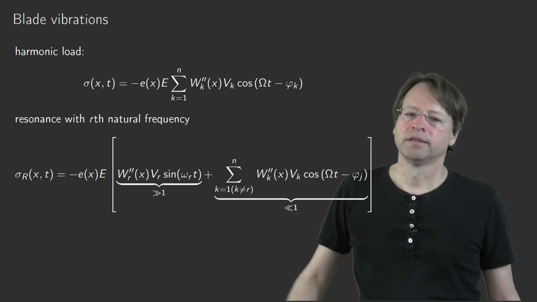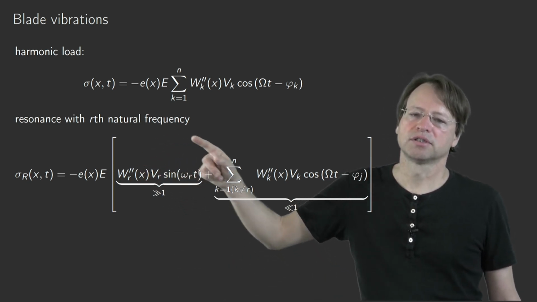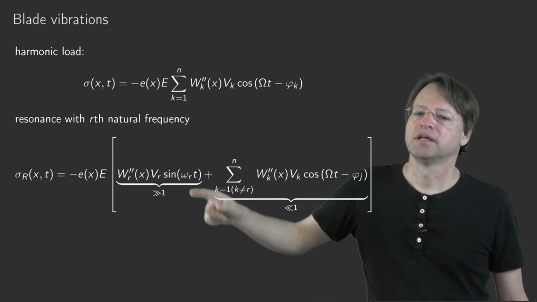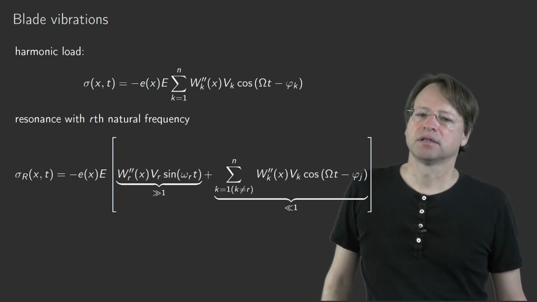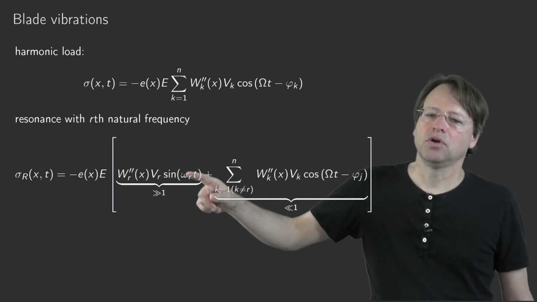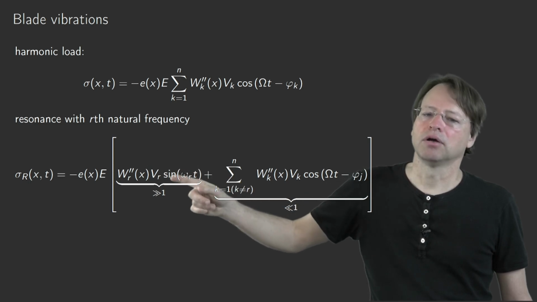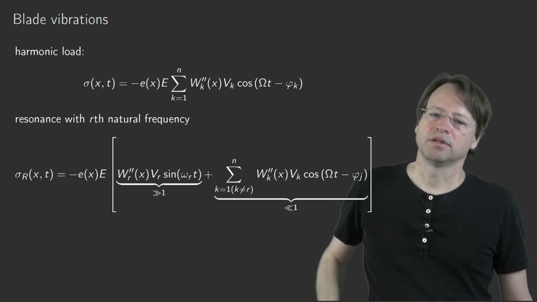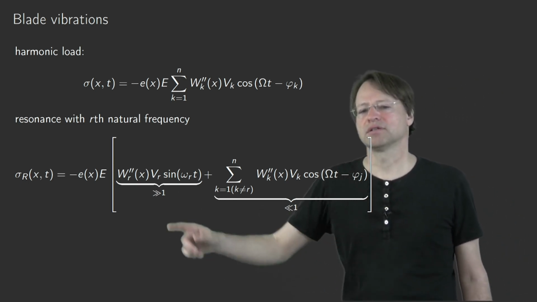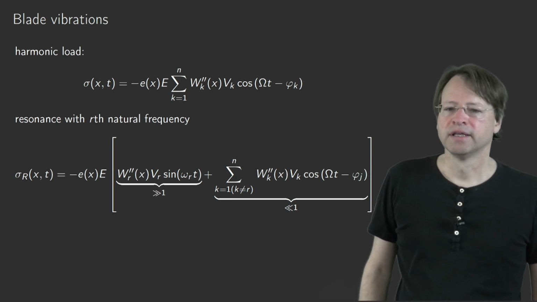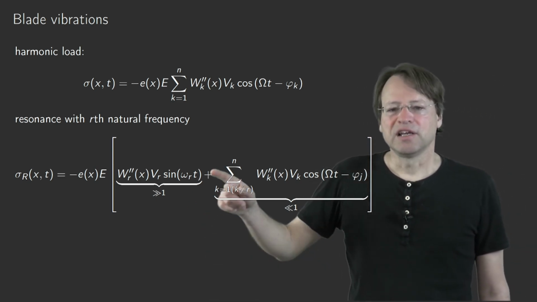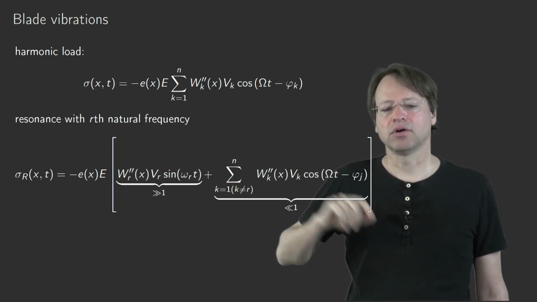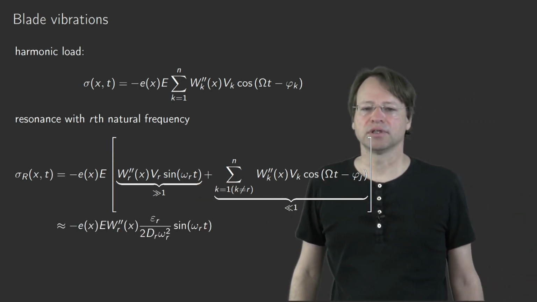So there is that resonance part, and then there are all the other contributions in that sum. All the other parts will be negligible, very, very small, and the resonance part will have an amplitude that is much larger than 1.